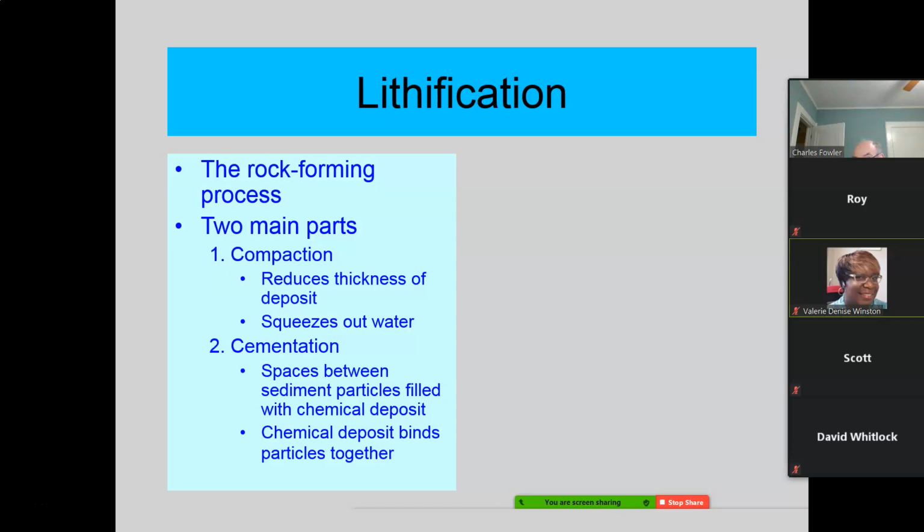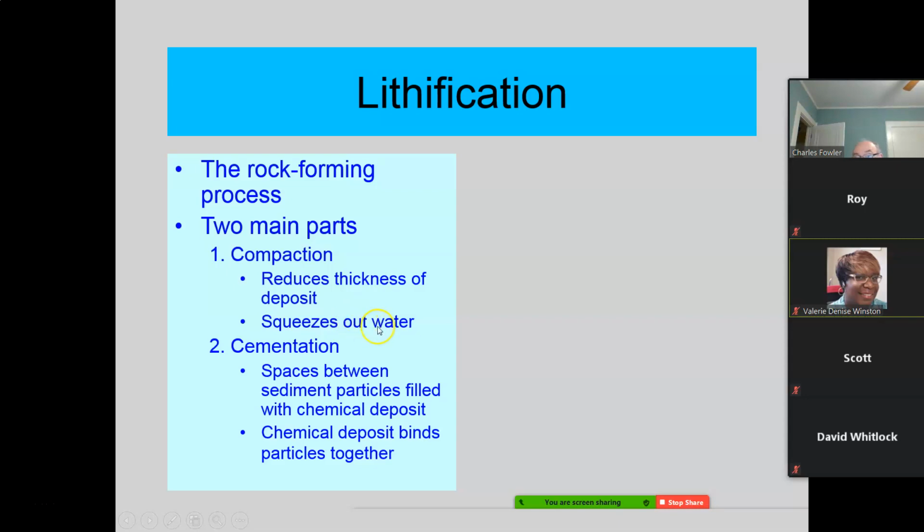Also, remember, water is what sedimented this out in the first place. There's usually water in between those layers, okay? Now it gets squeezed out because the pieces of rock are formed closer and closer together. But that water, by the way, was not probably pure water, because water dissolves all sorts of stuff in it.